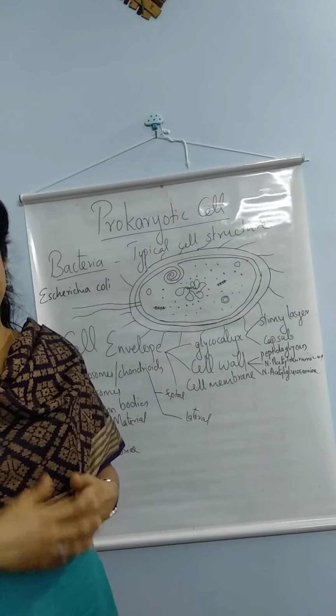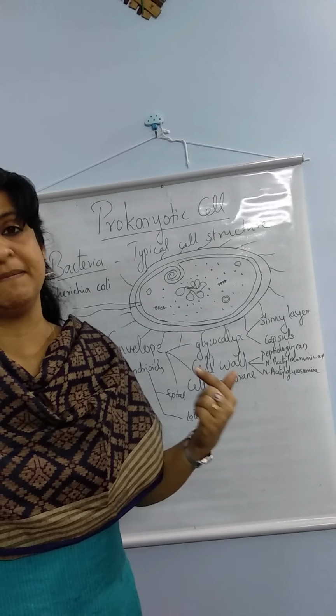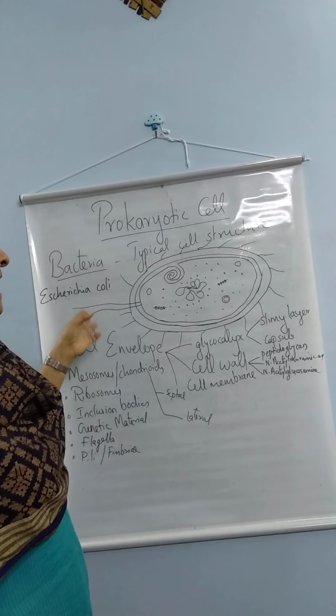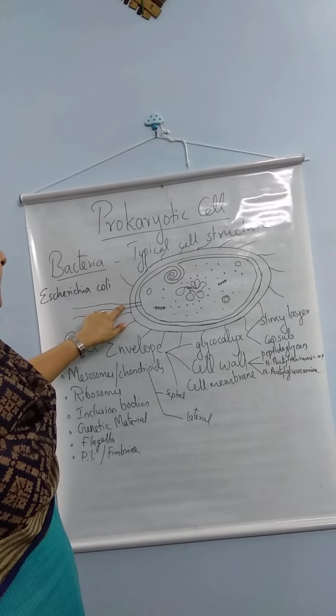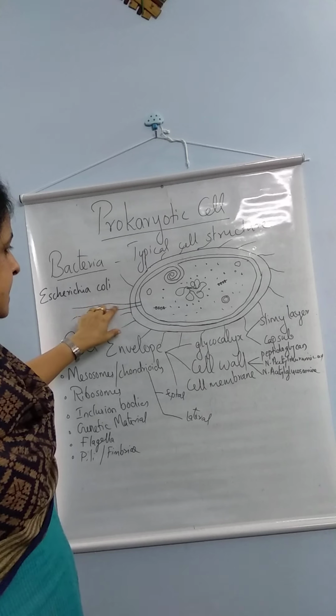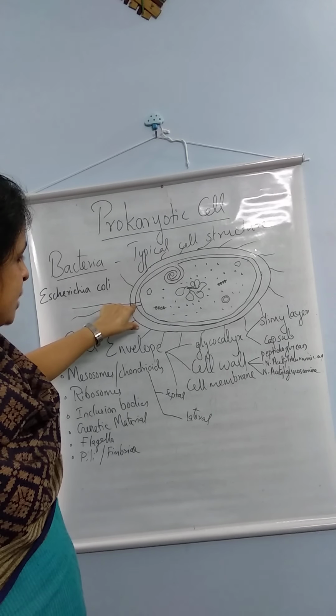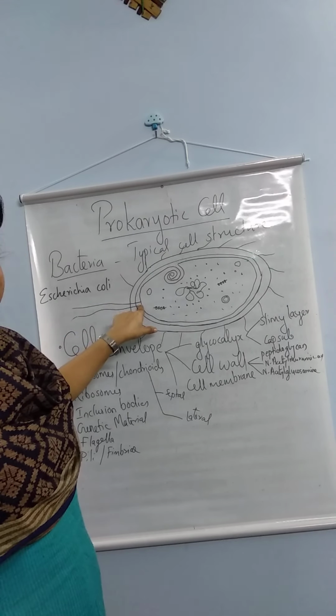Then the next thing we have to study here is flagella. Flagella can be one or many in a bacterium. They are structures which help locomotion in bacteria. A flagellum has mainly 3 parts: the main fiber-like part, then a hook-like region, and then a basal body.